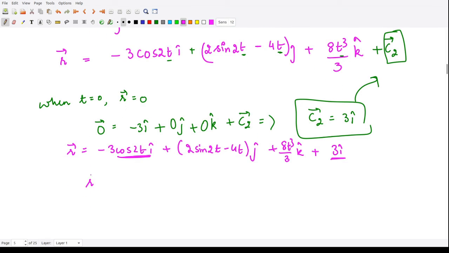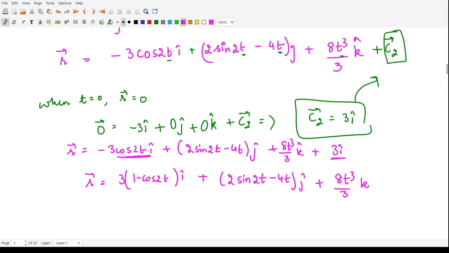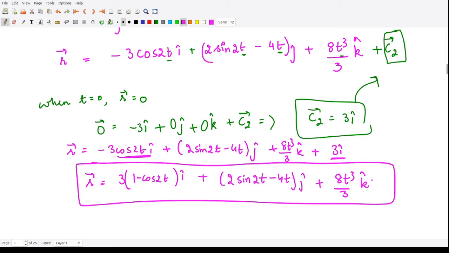The vector r, taking 3 common, for i cap it would be 1 minus cos 2t, and for j you have 2 sin 2t minus 4t j cap, and for k you have 8t cube by 3 k cap. So this is what you obtain. This is your displacement vector corresponding to the given acceleration.